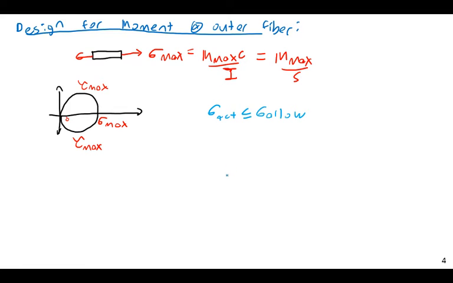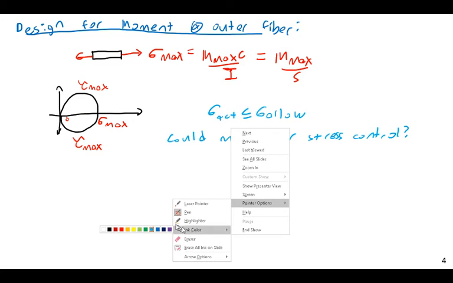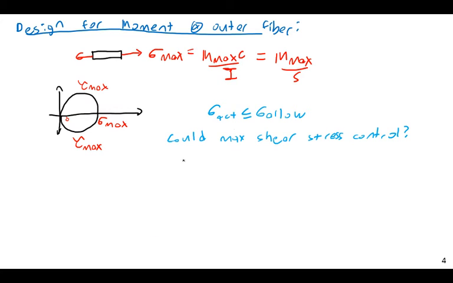Now, let's see. We do have this shear stress. Even at the location on the outermost fiber, there's still shear stress, just based on different cut planes. Could max shear stress control? Well, possibly, but for most materials, probably not.